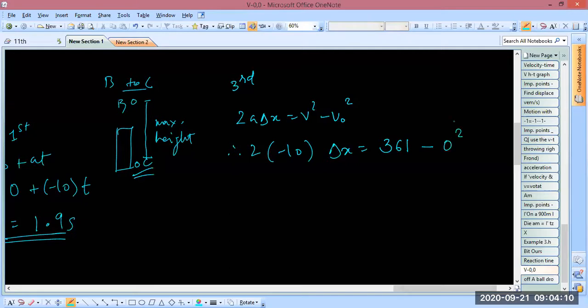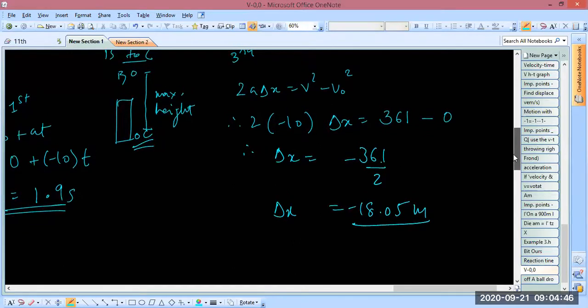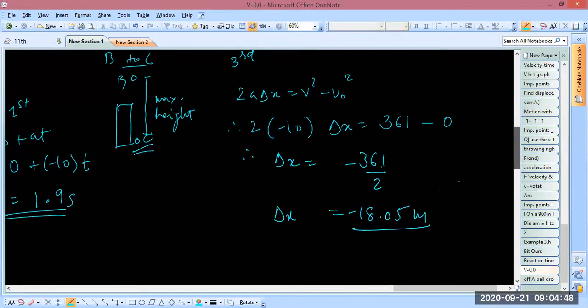I hope that makes sense, right? This is what we are getting. Delta x equal to minus 18.05 meter. Is this clear, everyone?